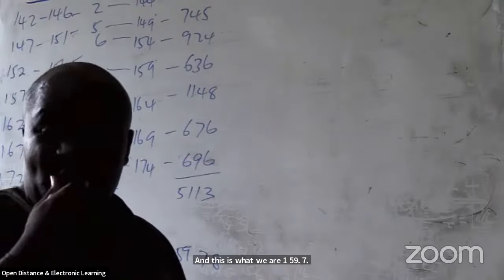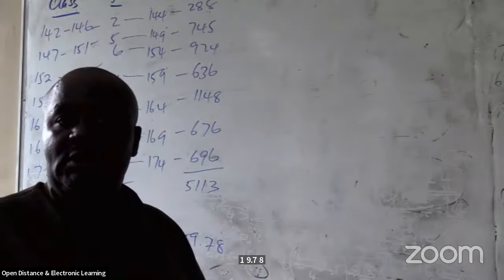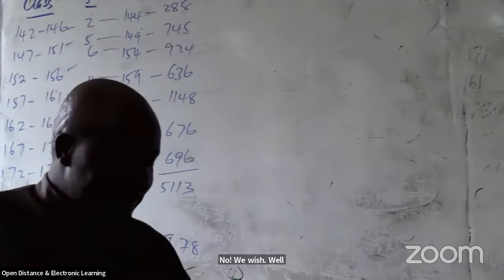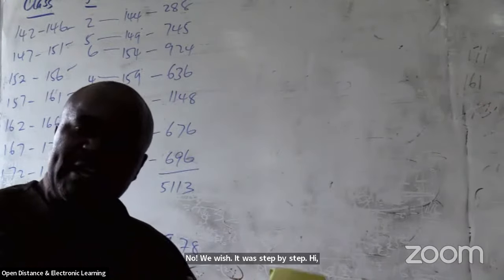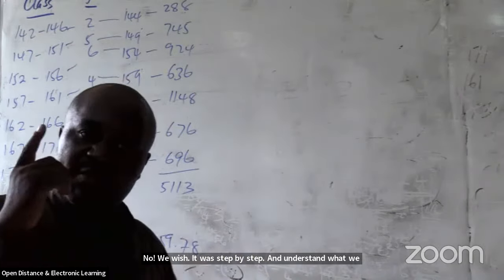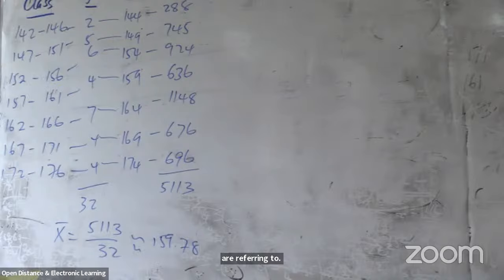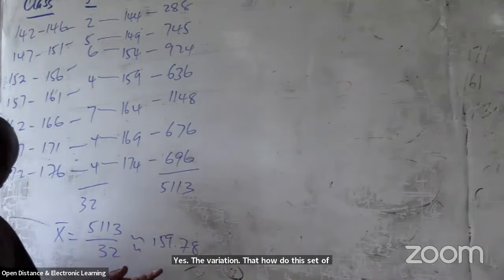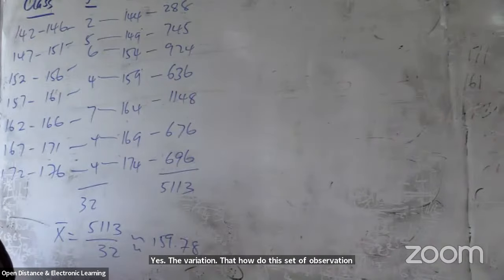Now, we wish to go step by step and understand what we are referring to as the variation. That is, how does this set of observations differ from a central value, which is normally the mean?